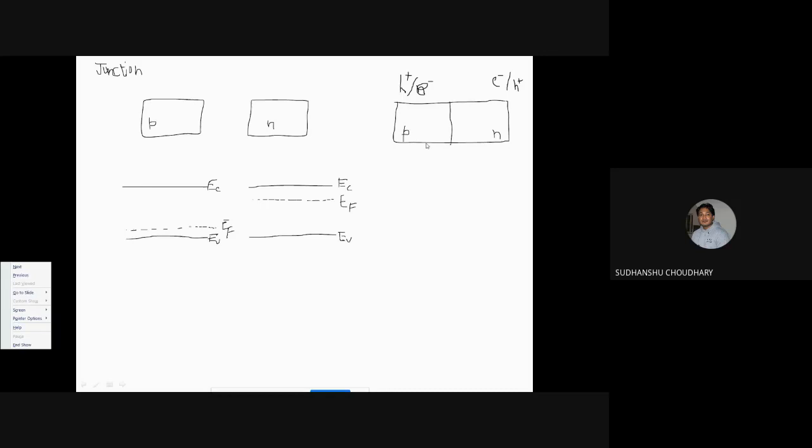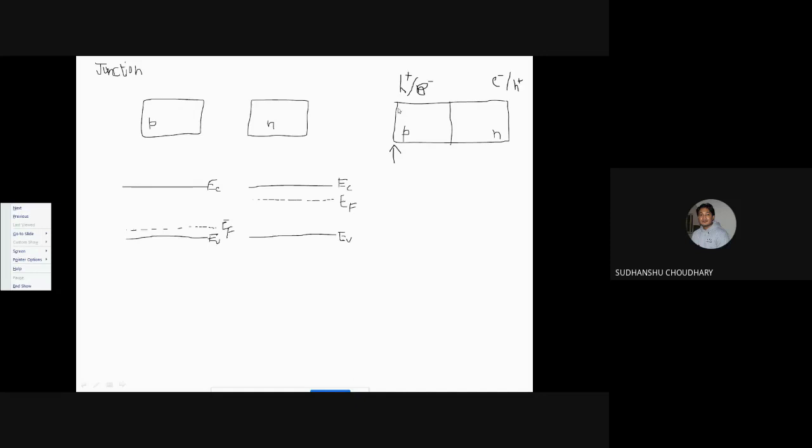And if we look at the concentration of holes in this entire device, the concentration of holes will obviously be larger on this side. This p-type has majority carriers as holes, and in n-type we don't have many holes, right? That is, the concentration of holes in p-type is more than in n-type. So there will be a concentration gradient.